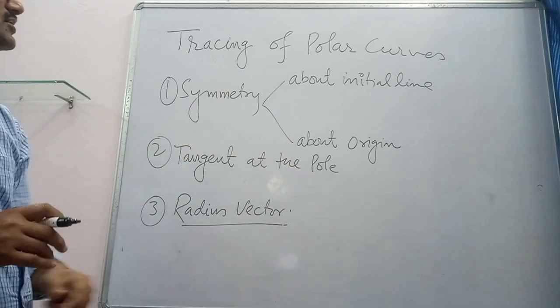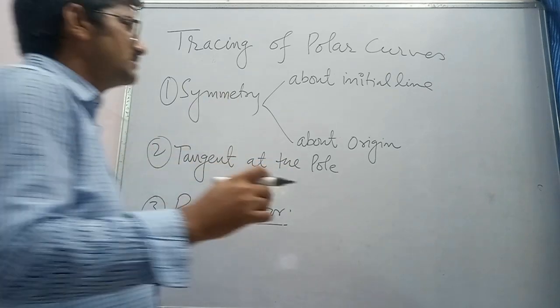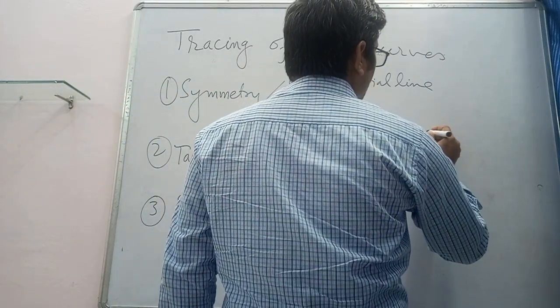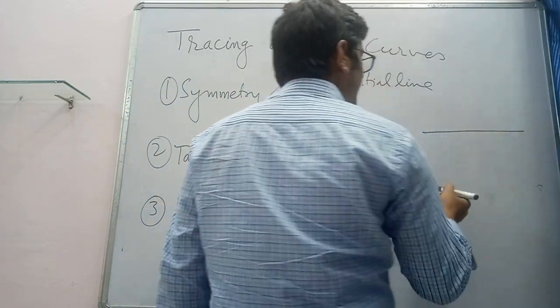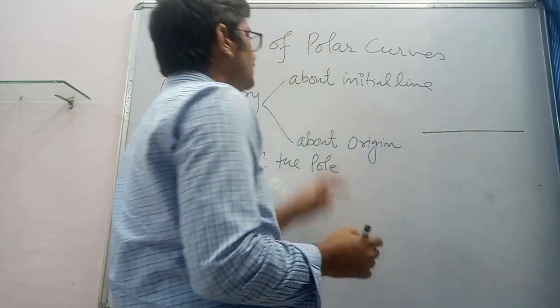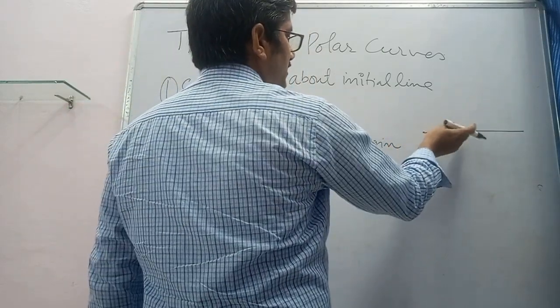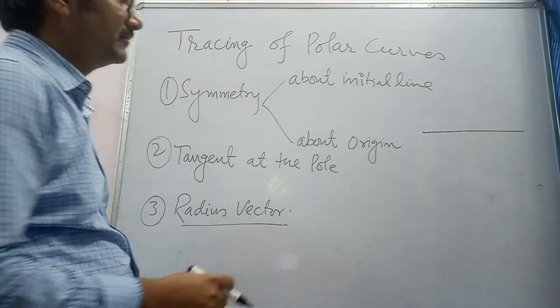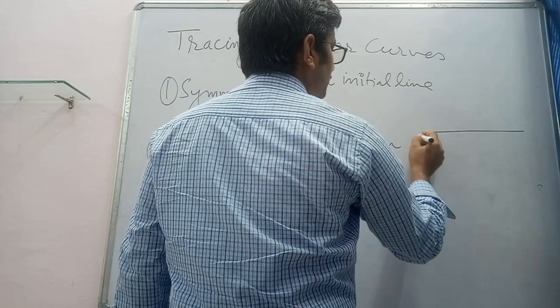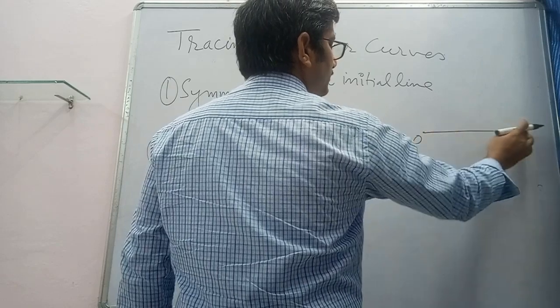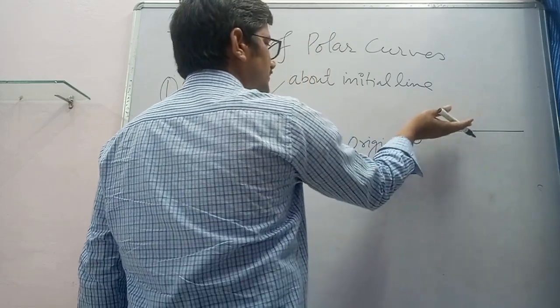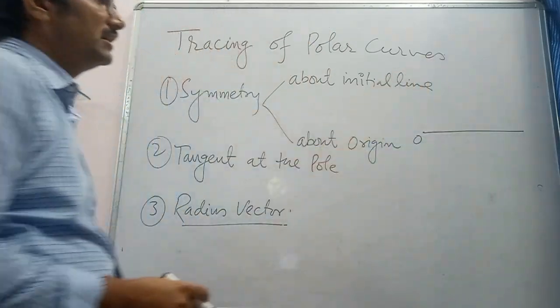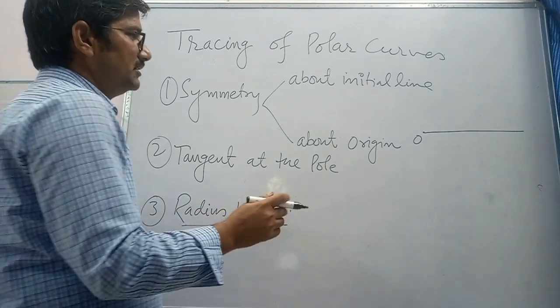Symmetry about the initial line means, suppose this is the pole and this is the initial line. If a curve is symmetric about the initial line, the shape above the initial line and below the initial line will be the same, like a mirror.